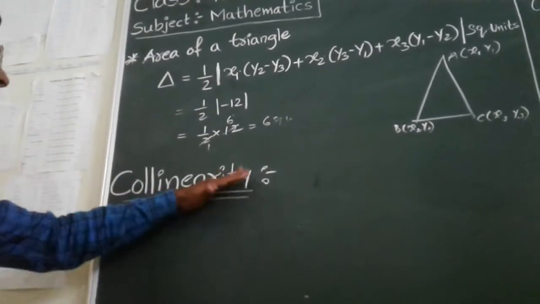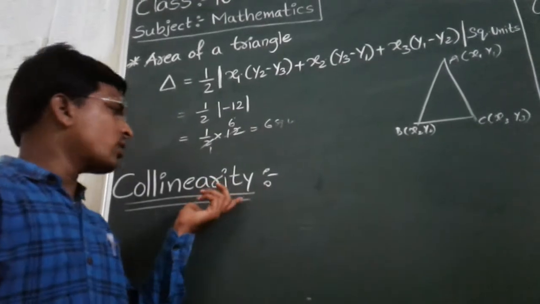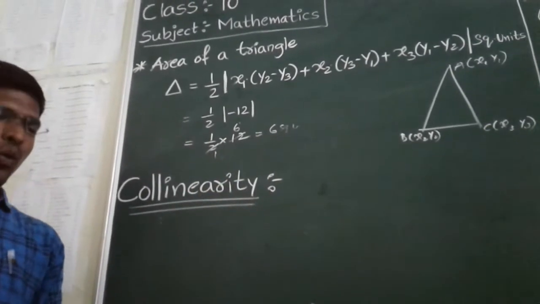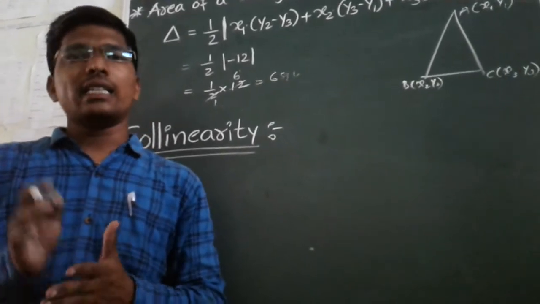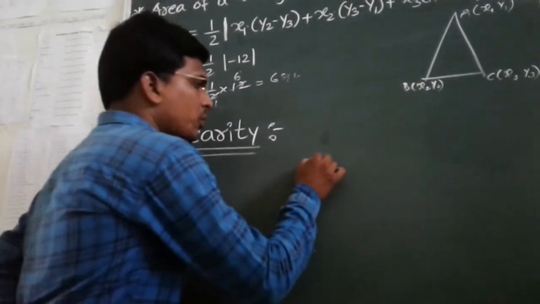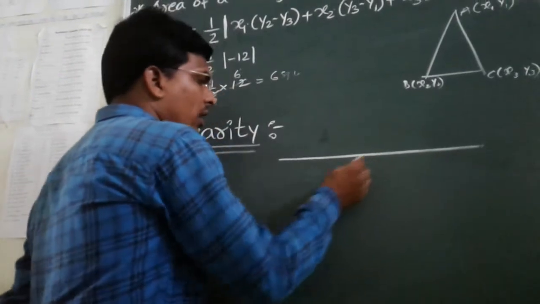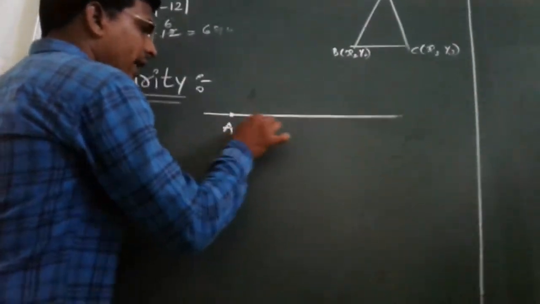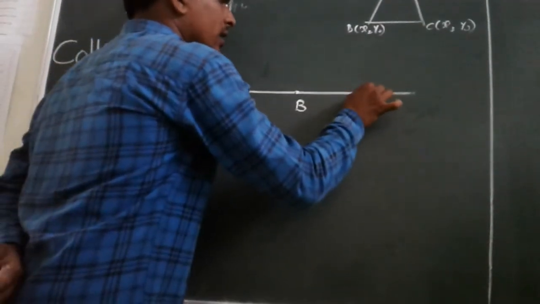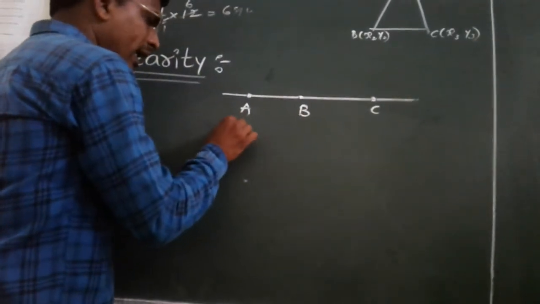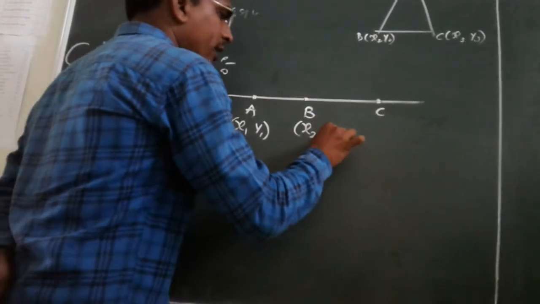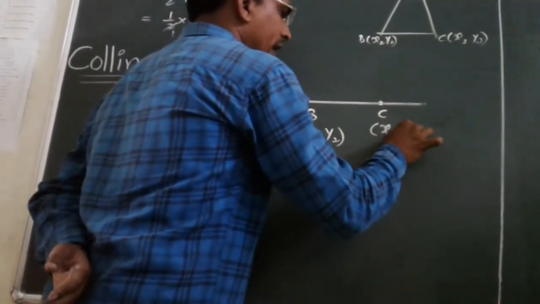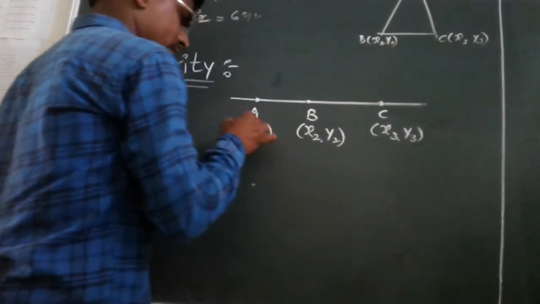Next, collinearity. In today's class we are going to learn about collinearity. What is meant by collinearity? If any 3 points are lying on the same line, suppose this is a line and on this line we have the 3 points A, B and C. Suppose the point A coordinates are x1, y1, B coordinates are x2, y2 and C coordinates are x3, y3.